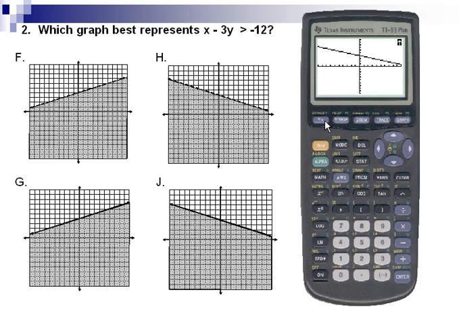So we will go to Y equals, clear out the line you have, and we can input parentheses 1 divided by 3 parentheses x plus 4. Zoom 6.